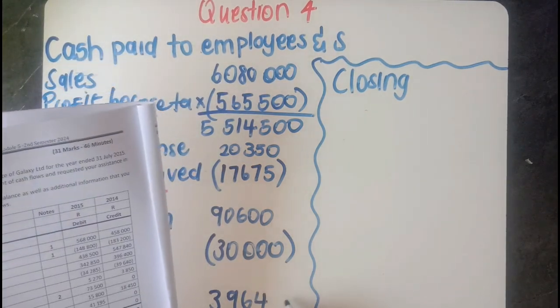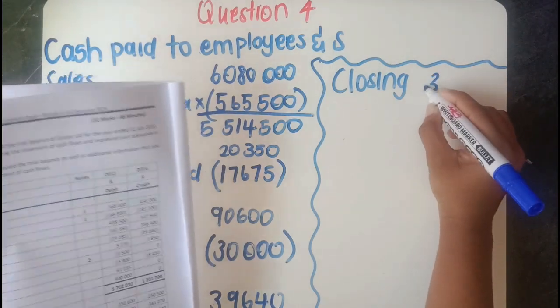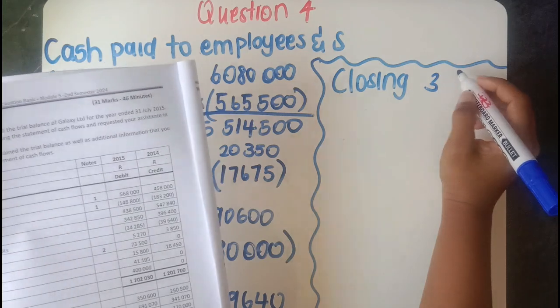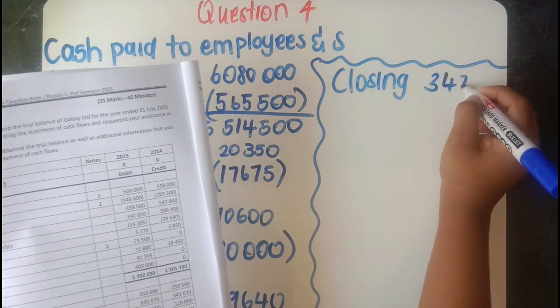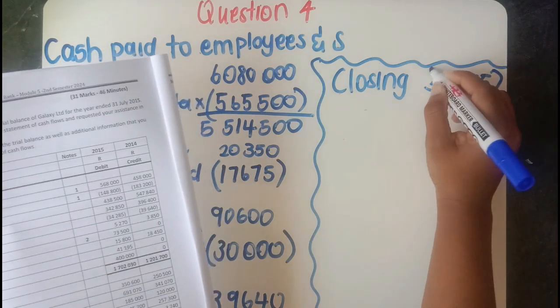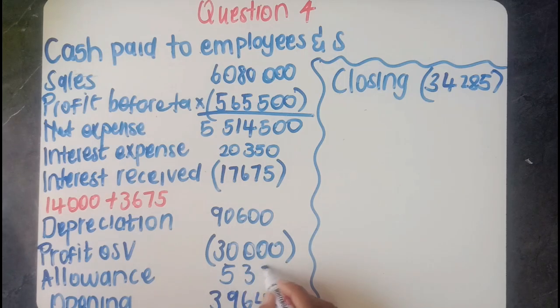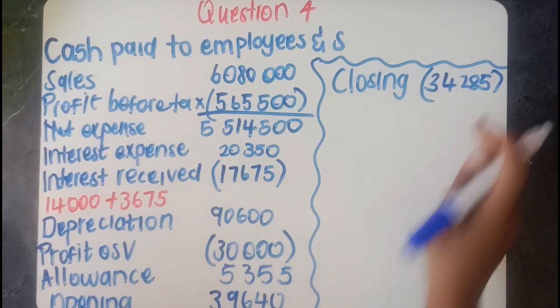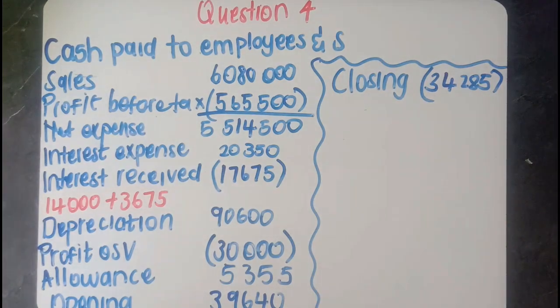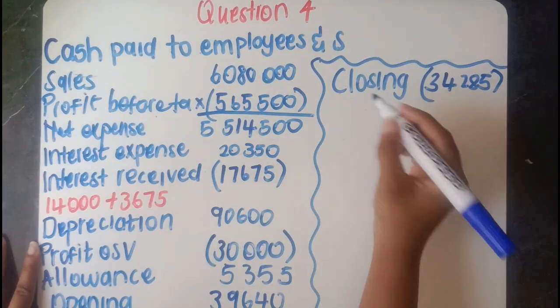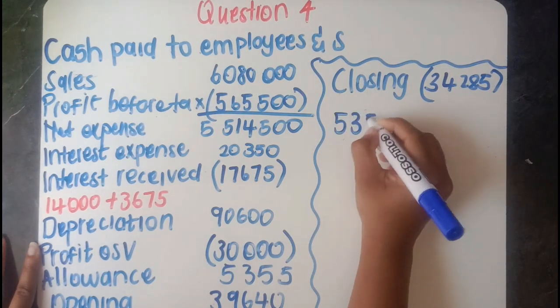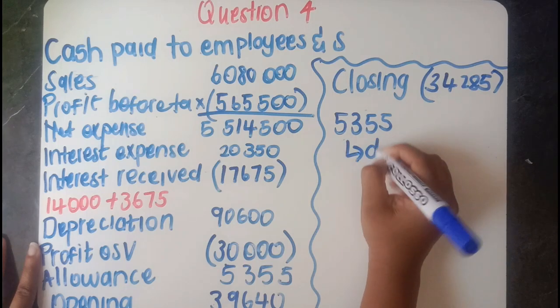And then you're going to have 3,4,2,8,5, and this will obviously be bracketed, and then you look for the difference of these two, and you're supposed to have 5,3,5,5. Now this is a decrease. Let's understand each other. It's a decrease.